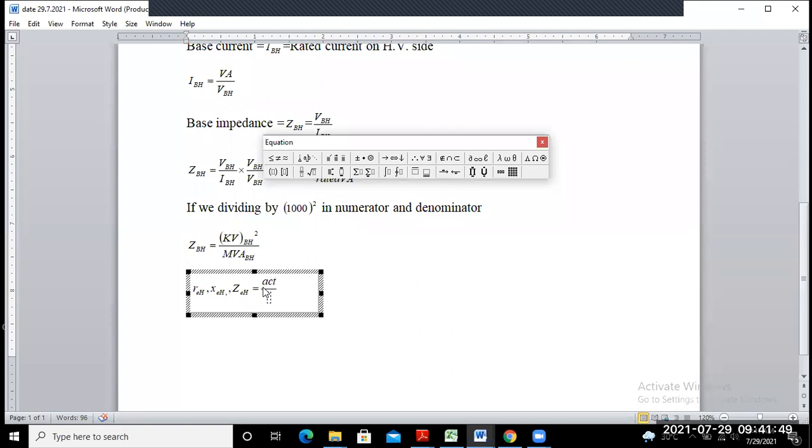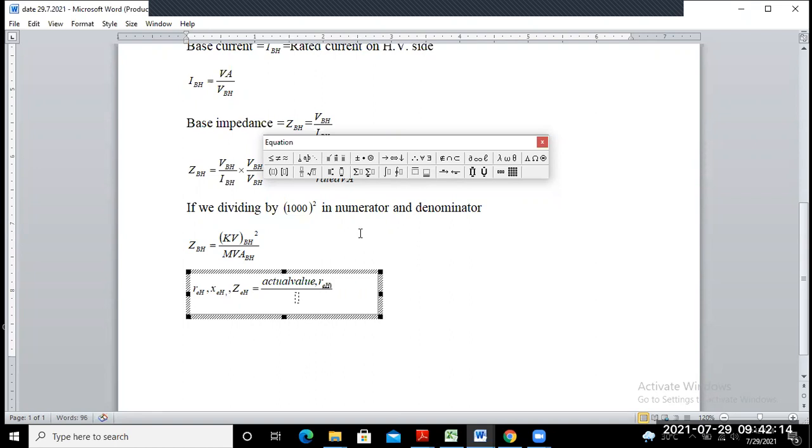So the actual value of REH, XEH, ZEH in ohm, divided by the base value of the high voltage side, that means ZBH.